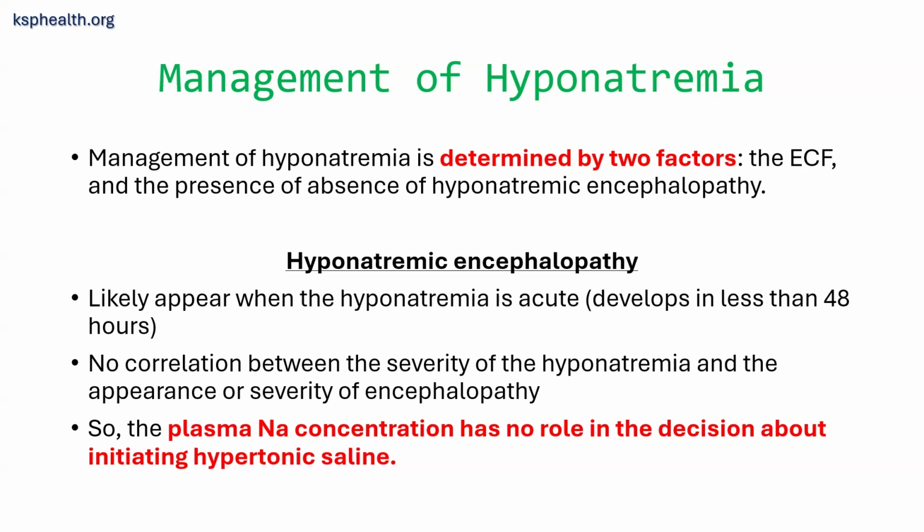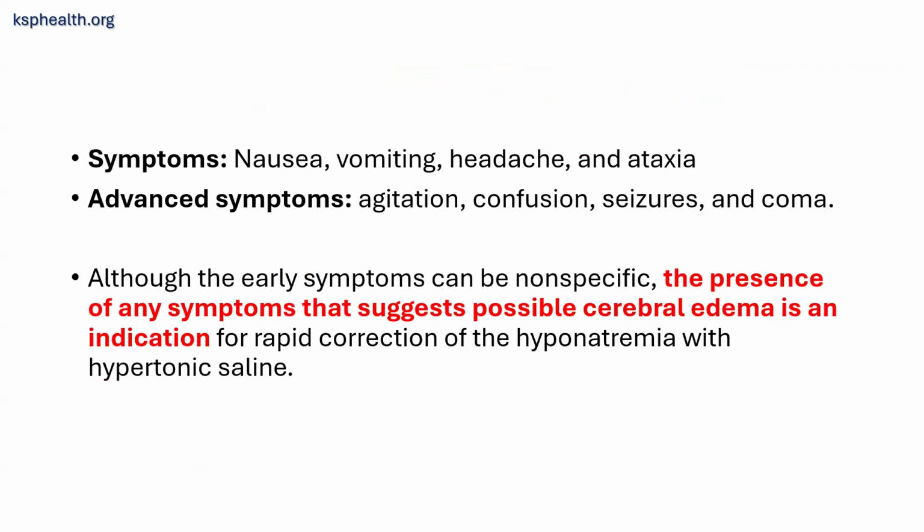Some patients can have hyponatremic encephalopathy at 110 or 120. Children can have it even when the serum sodium is 132, 131. The so-called 125 cutoff is not true across the board. Please watch my hyponatremia presentation.